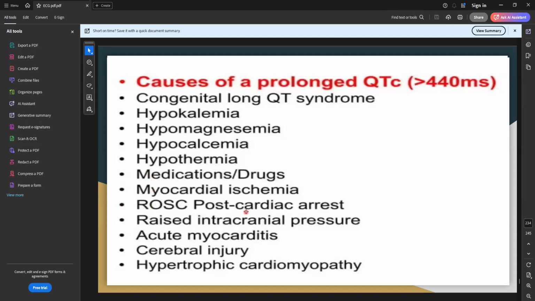Here, this is the ROSC, the return of spontaneous circulation. Cardiac arrest has occurred, but followed by the restoration or return of spontaneous circulation post cardiac arrest. And whenever patients present with raised intracranial pressure, acute myocarditis, or cerebral injury, you will find this prolonged QTC.